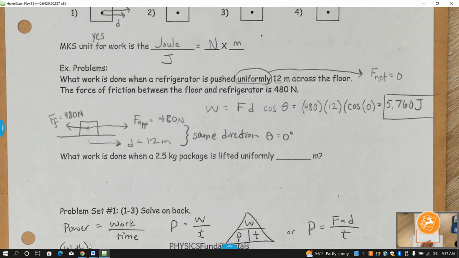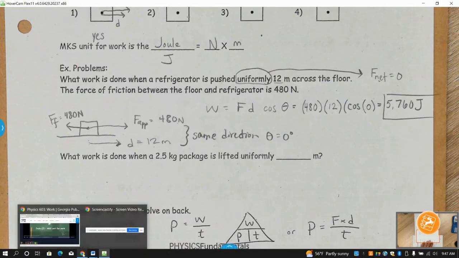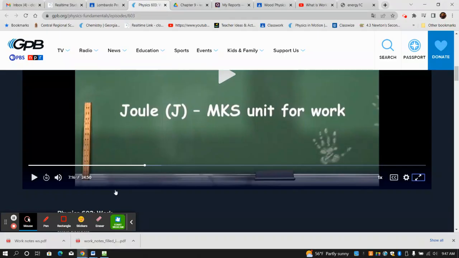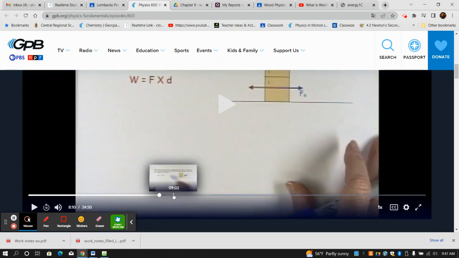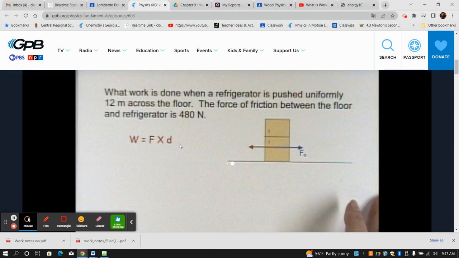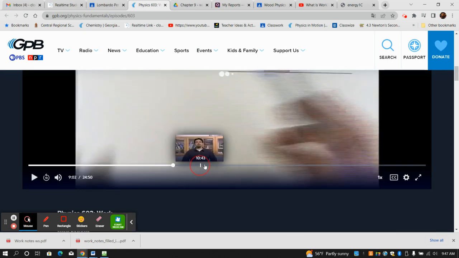Now, in the video, they show a problem that is at an angle. So I'm just going to skim through to that so you can see an example with an angle.